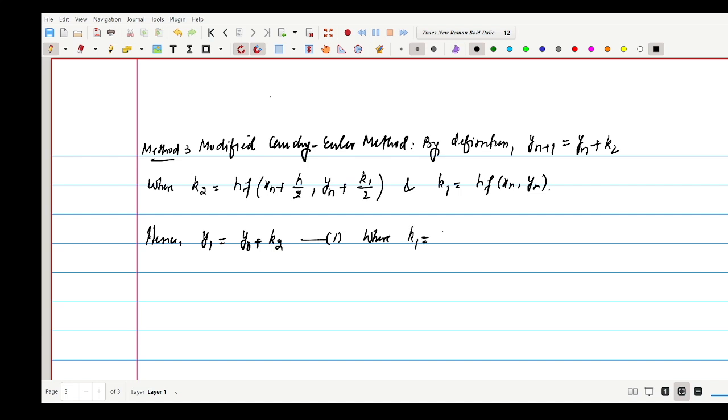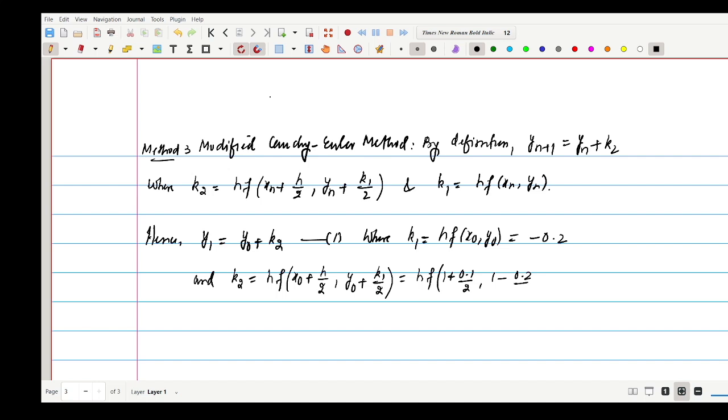Where now first we again calculate k1. Now k1 is equal to h f of x0, y0, and this will be as calculated earlier minus 0.2. And second, k2 is equal to h f of x0 plus h by 2, y0 plus k1 by 2. So this is equal to h f of, now x0 is equal to 1 plus 0.1 divided by 2, y0 minus 0.2 divided by 2.